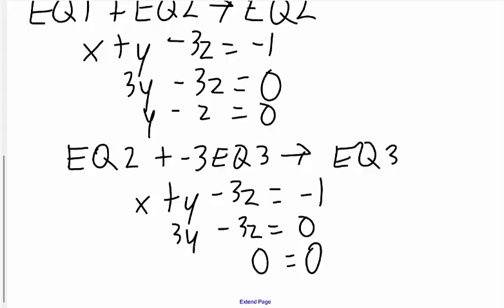So, since 0 equals 0 is a true statement, we know that this has infinitely many solutions. Now, let's see what we can do here. We can still put something as an ordered triple. Why? In this case, we still have two equations.